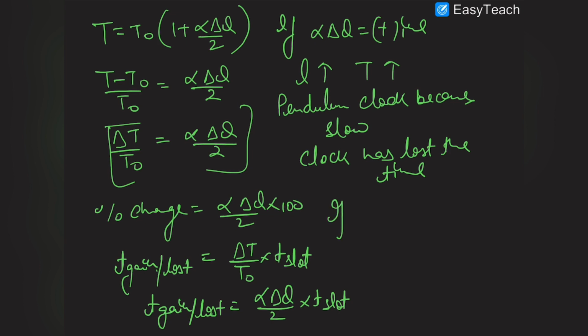And if αΔθ is negative, which happens when the signs of α and Δθ are different, then L will decrease and the time period will decrease.